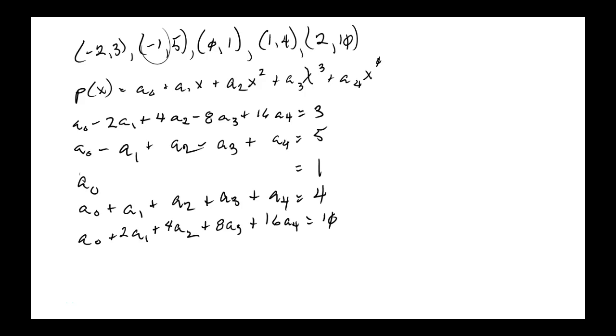your A0 is 1, so you're going to put that in and subtract. So basically, your matrix, I'm going to put it here, is going to be minus 2, 4, minus 8, 16, and when you subtract 1 from there, you get a 2.